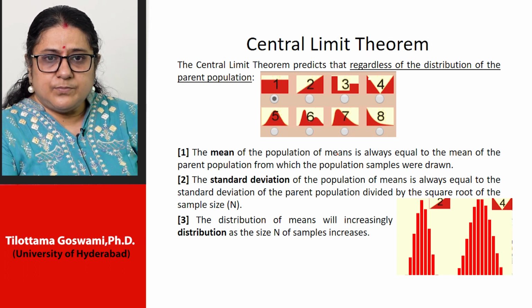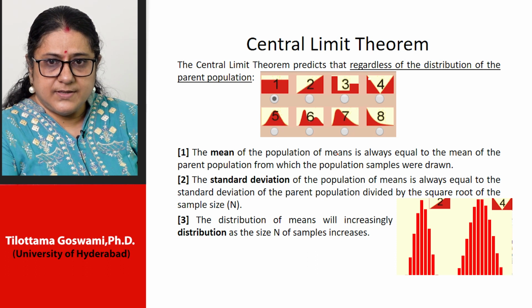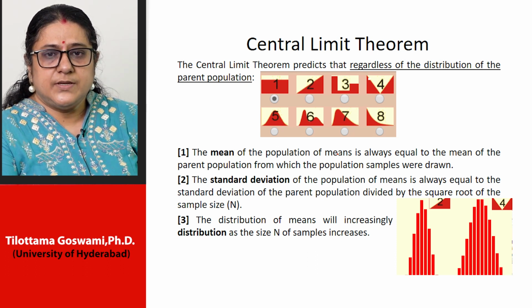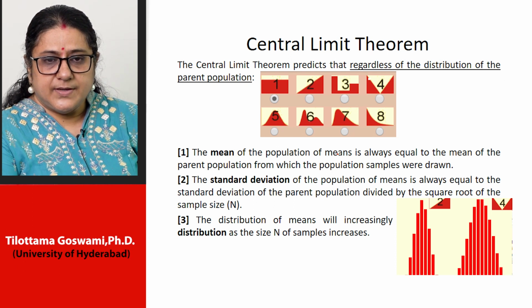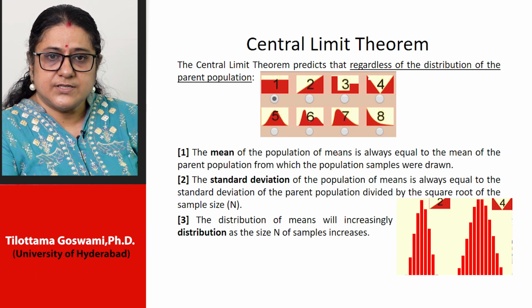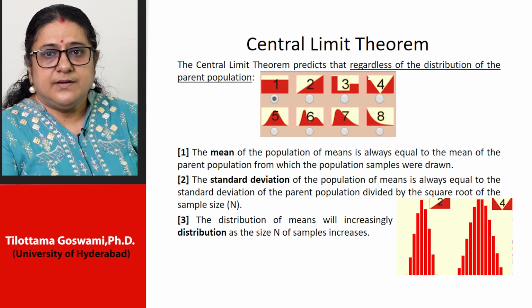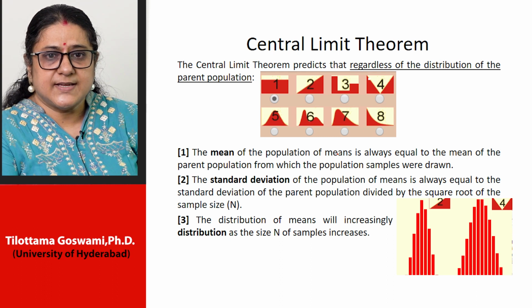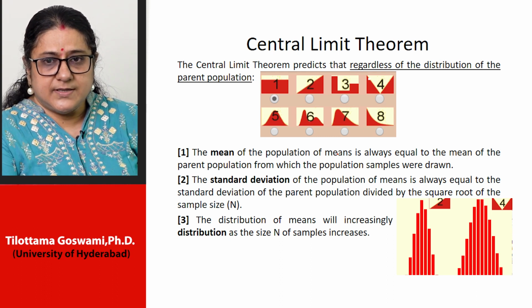The mean of the population of the means is always equal to the mean of the parent population from which the samples are drawn. And the standard deviation is always equal to the standard deviation of the parent population divided by the square root of the sample size. The distribution of means will increasingly approximate a Gaussian as the size n of the sample increases.